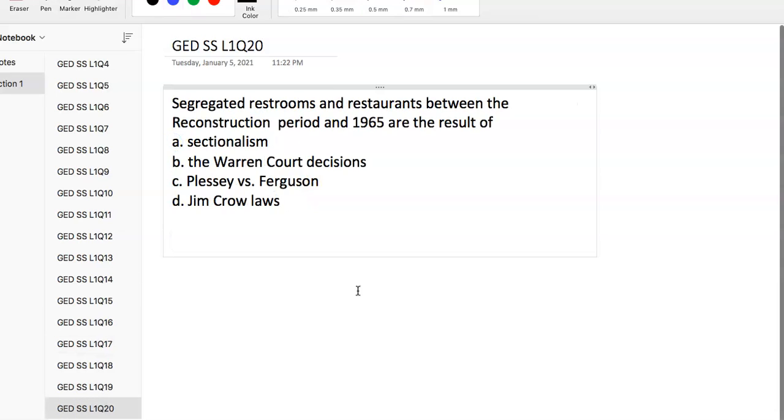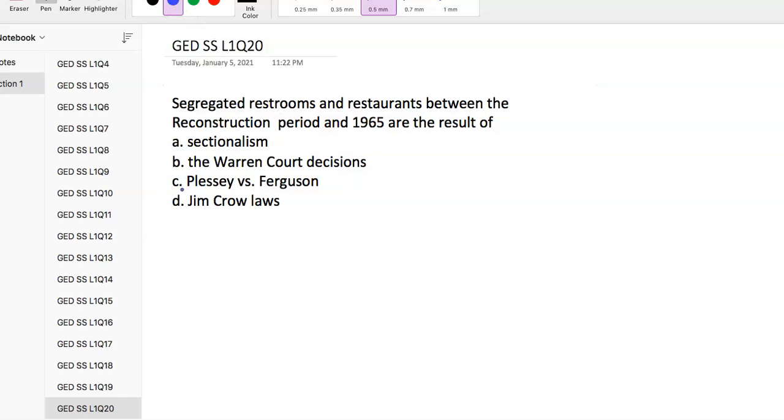And last question for level 1. Segregated restrooms and restaurants between the Reconstruction period, so that's right after the Civil War, and 1965 are the result of, and here we get into Jim Crow laws. Okay, so another big concept, right?